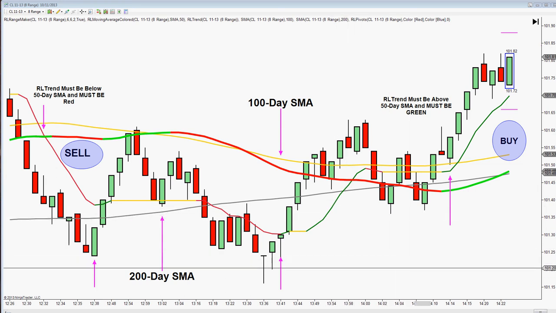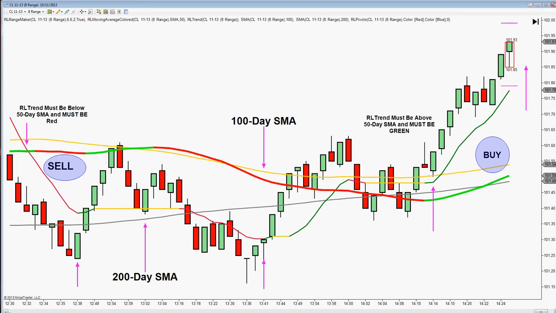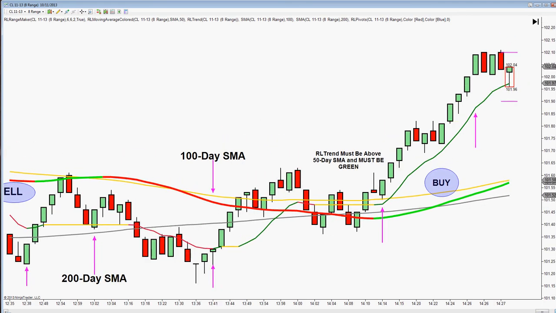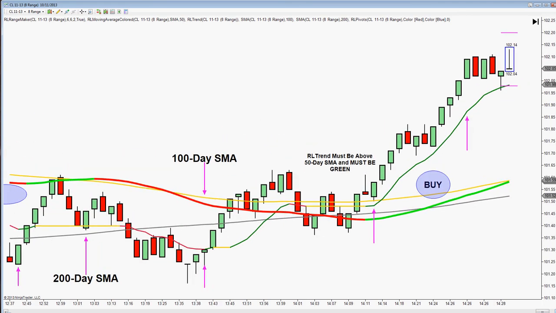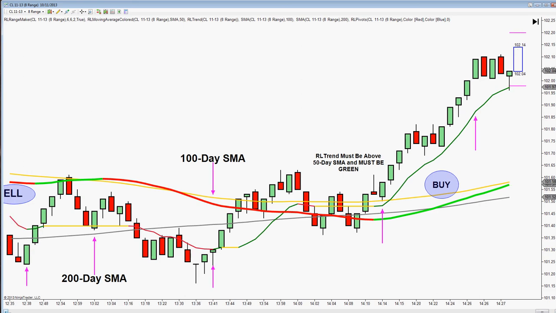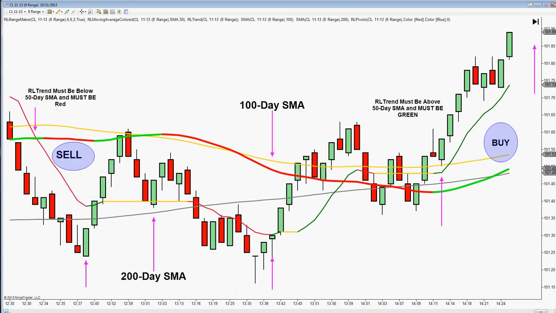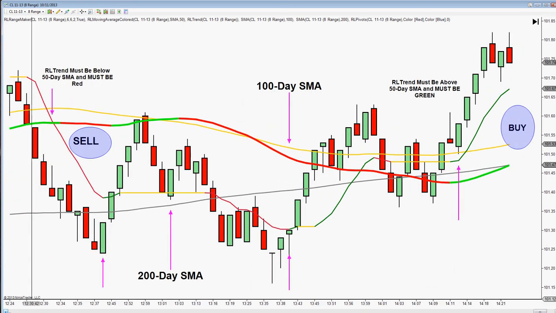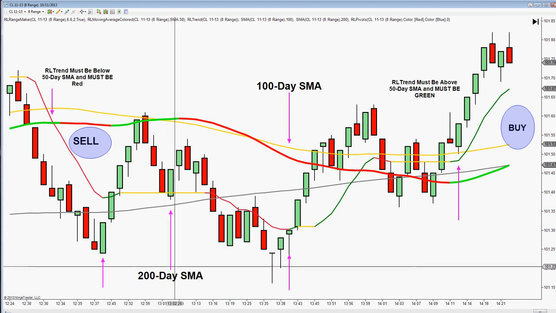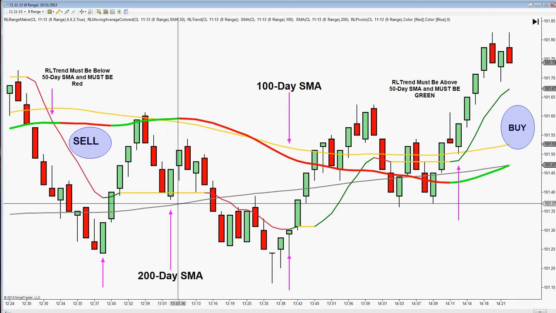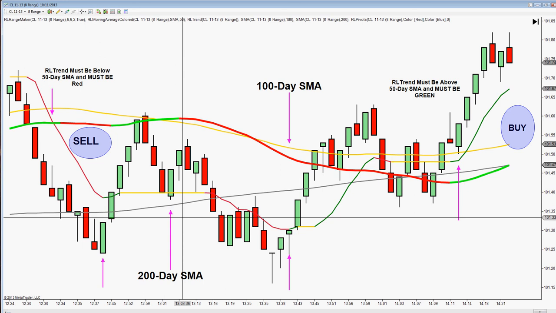And again, just like right line pivots, moving averages are areas of support and resistance, and we do not want to trade into them. If we do not have room from our entry to our first target before we hit a major moving average or a pivot, then we stay away from the trade.